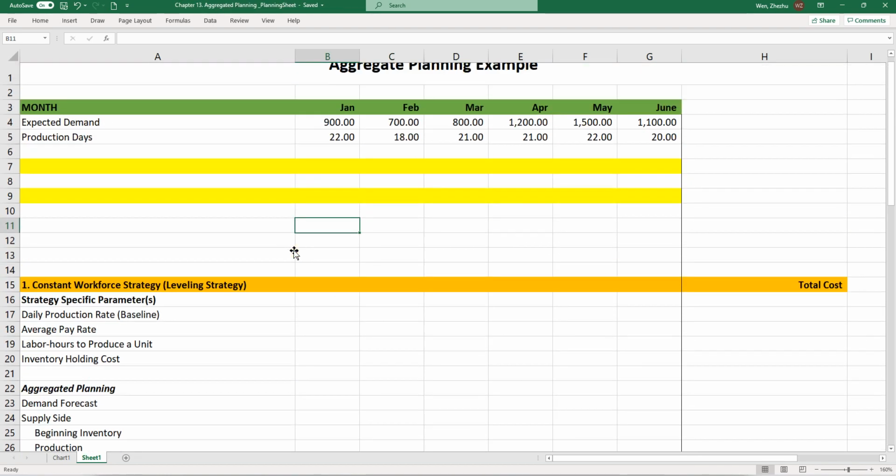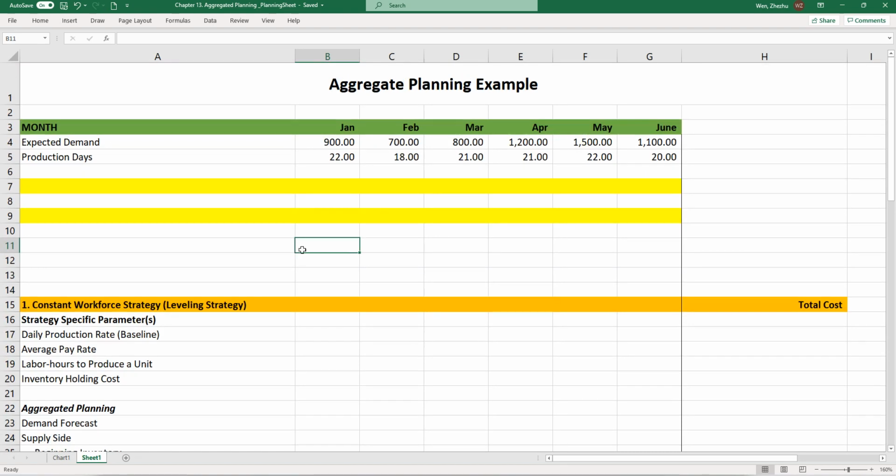So what I'm doing is a pretty generic way of approaching an aggregate planning problem. Again, your next problem will be very different from the one that we're talking about today. Okay, but still, I'd like to remind you that the most important thing here is to understand the solution process.